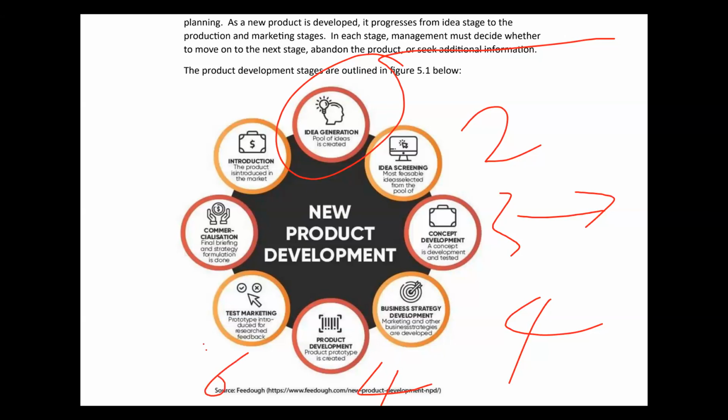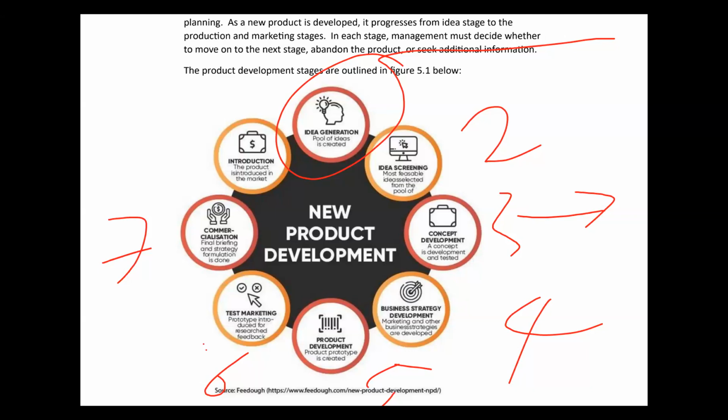And then the sixth stage is when you actually test the market, right? You'll have to test the market. You have to research, of course, research, then test the market. We talked about the testing of markets in the previous unit. And the seventh is one where you commercialize, right?